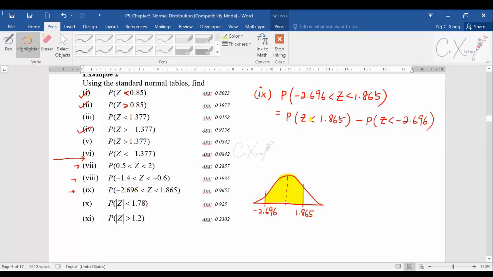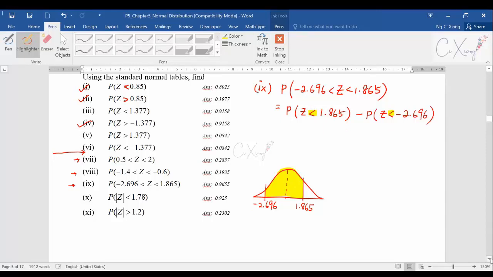Please take note that both are smaller. Why is this the correct step? Don't change it to larger or whatsoever. For me, I always use smaller, smaller than this and smaller than this.